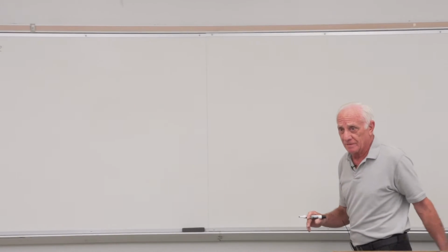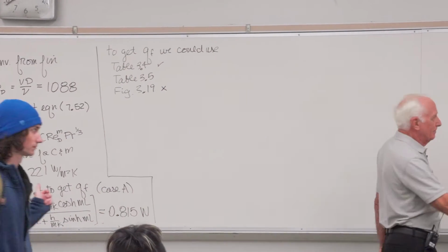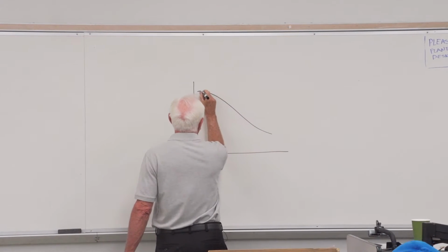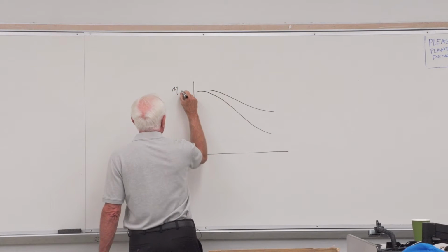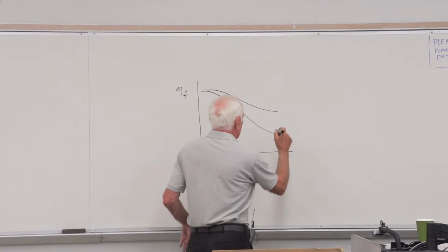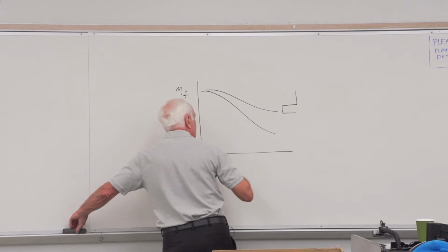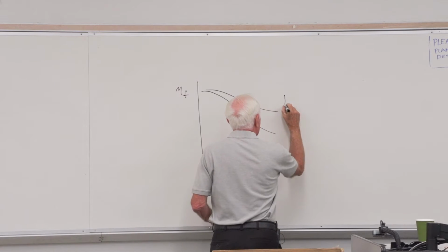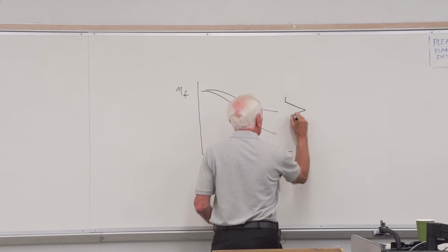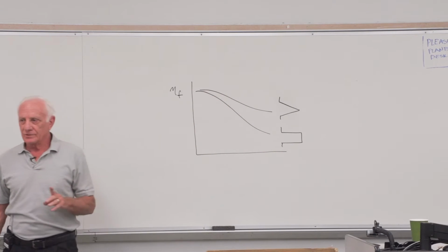Let's go to the one that won't work. Figure 3.19. Just to refresh your memory, this is figure 3.19, A to F versus some parameter on the x-axis. It's for rectangular, triangular fins.